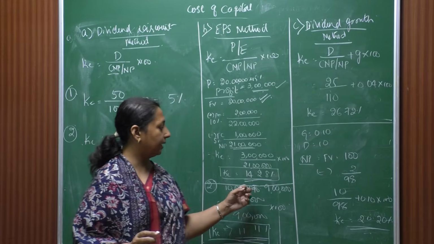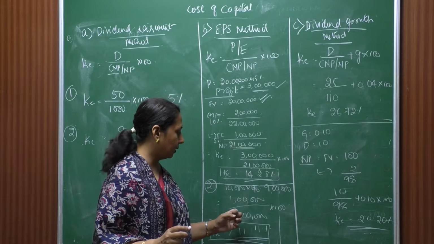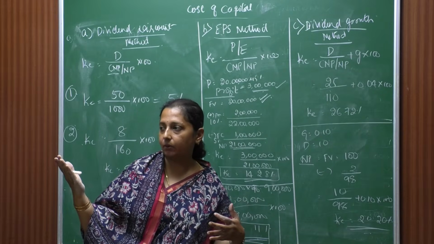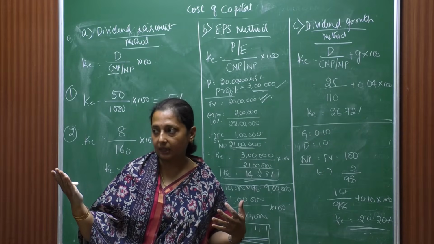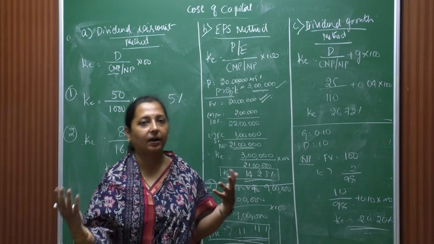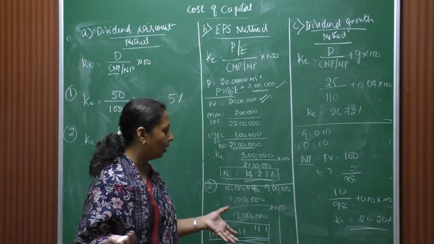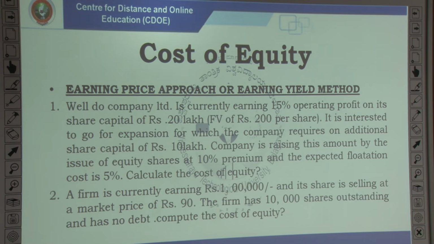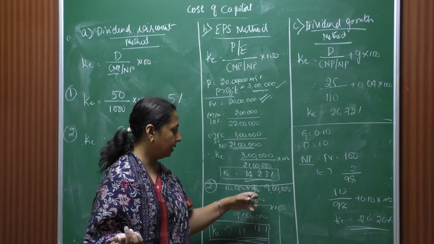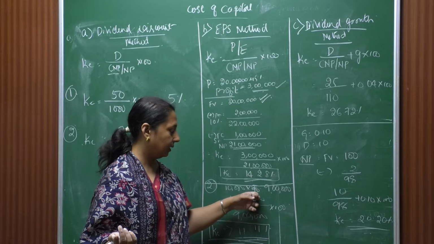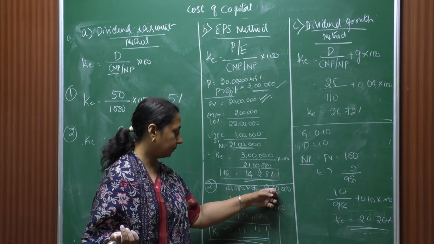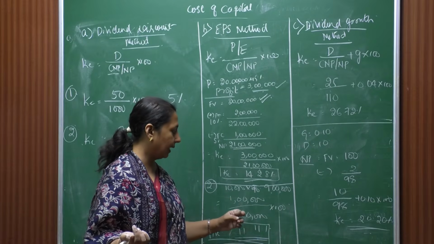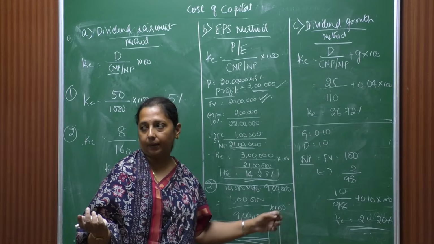Either you can divide 1 lakh by 10,000, that gives you 10, and 10 divided by 90 can also be substituted, or you can substitute the total value. Hope you understand.